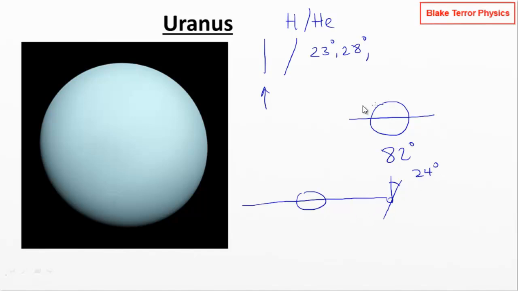Now, the axis of rotation of Uranus is almost in the plane of the orbit. So it's very odd. And it's probably the result of a collision with something else. Something hit it in the past and just knocked it off, misaligned the axis. As I mentioned when I was talking about Saturn, it was known of, but it wasn't known to be a planet for quite a while.